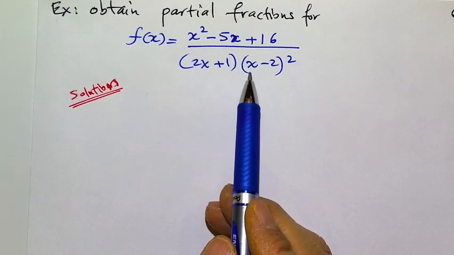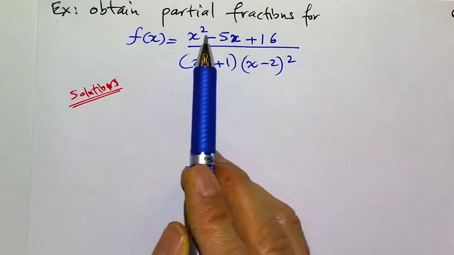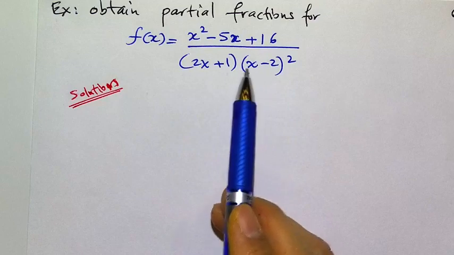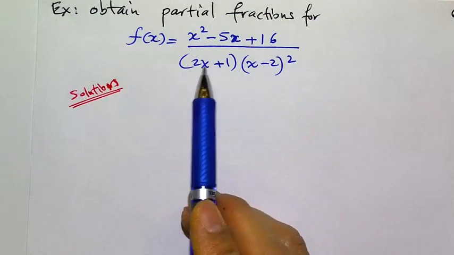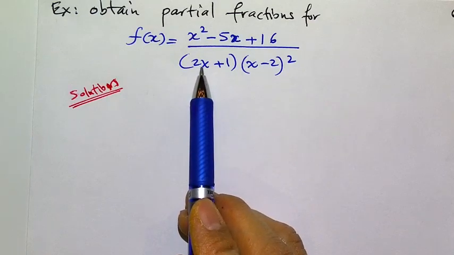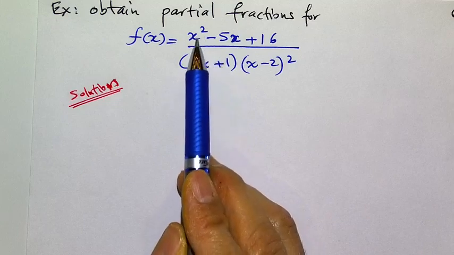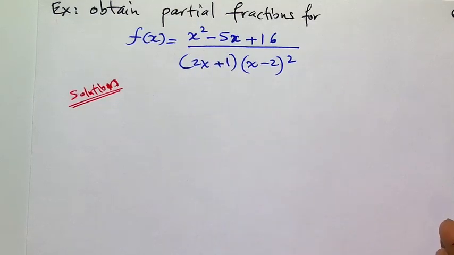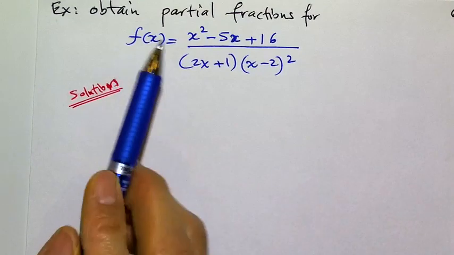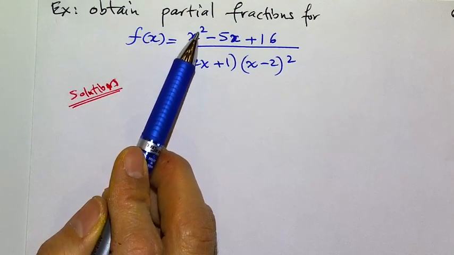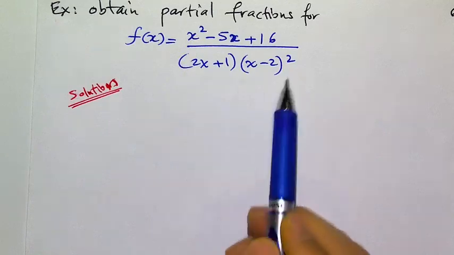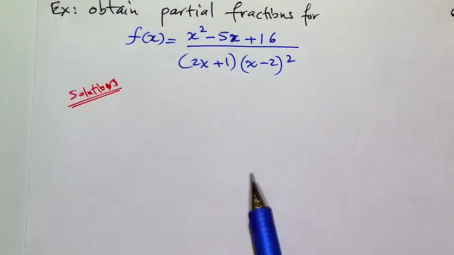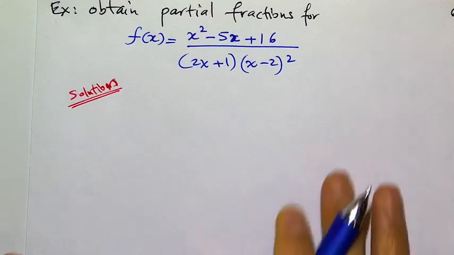By the way, the degree of the numerator is lower than the degree of the denominator, because x squared times x will give us x cubed. So x squared is lower than x cubed. So we do not have to use long division in this case. If we had x to the 4th power here, then yes, we'd have to divide by the whole denominator using long division.